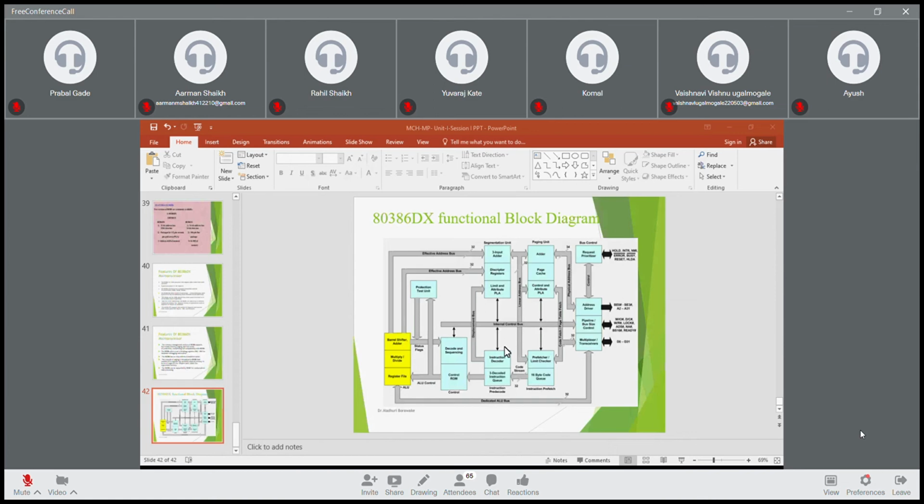I told you about the general purpose registers EAX, EBX, ECX. What is the function of that? Guys, whatever I am teaching you, you should get it.